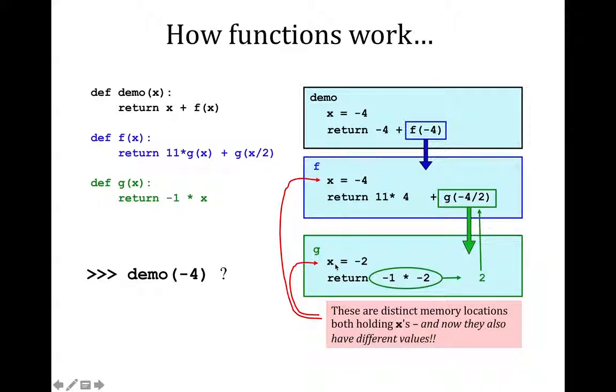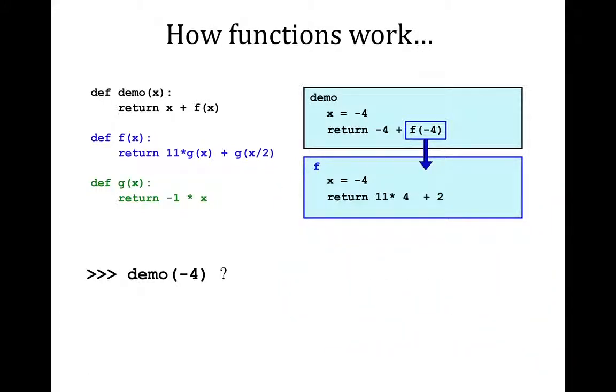And what I want to draw your attention to is that not only are these x's all different memory locations, but they can also vary. So for example, here, this x is not going to be -4 anymore, it's -2. So I calculate this value, I pass it back, and now I can calculate the result of f of -4.